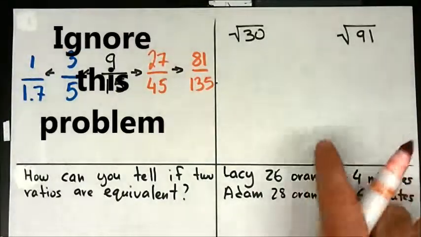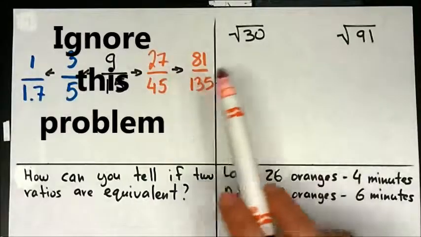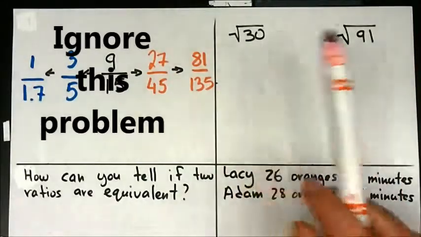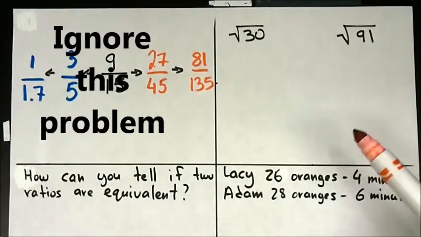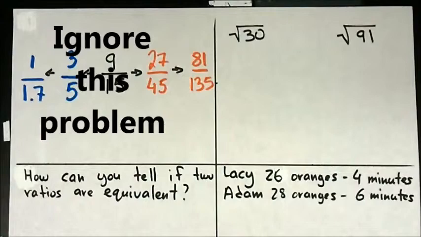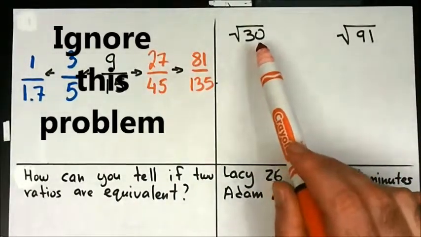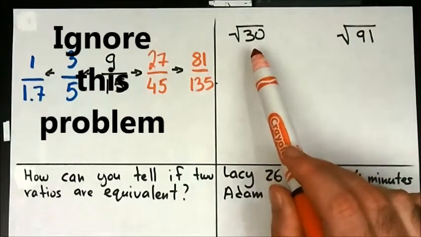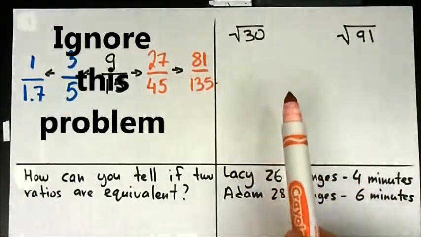Alright, moving on to the next problem here. You're asked to estimate the possible root answer. Now neither 30 nor 91 are perfect squares. So what we do is we find estimates, or two roots between which these two lie. So what are the two perfect squares between which 30 lies? The smaller and the greater for 30.